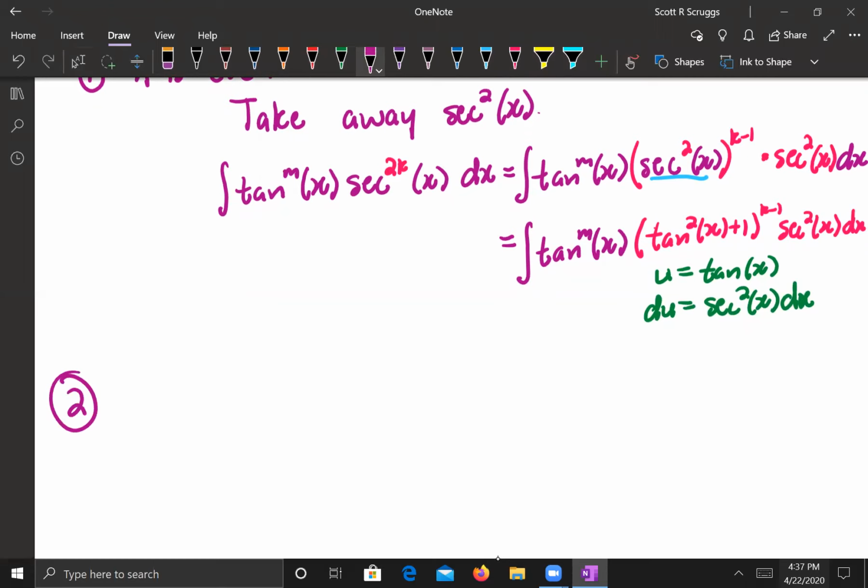So now the next scenario that we're going to talk about is what do we do if the power that is with tangent m is odd.